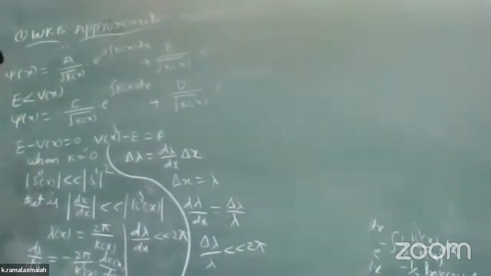That is the fractional change in the wavelength per unit wavelength, which will be compared to 2 pi.